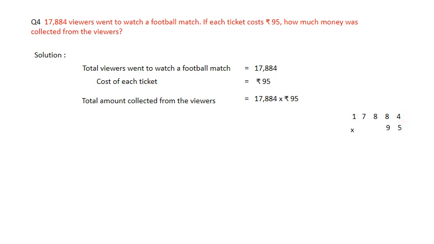Now we'll multiply by first 5 and then we'll place 0 and then we'll multiply by 9. Let's do here. See, 5 4s are 20, 5 8s are 40 plus 2 becomes 42, 5 8s are 40 plus 4 becomes 44, 5 7s are 35, 35 plus 4 becomes 39, 5 1s are 5, 5 plus 3 becomes 8.